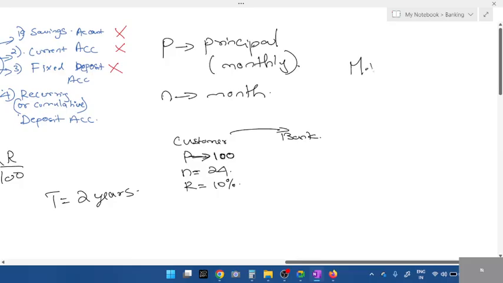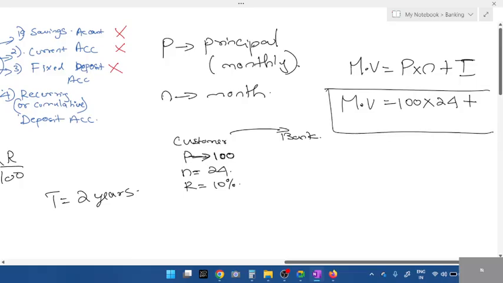Maturity value is equal to P into N plus I. That is, whatever principal we deposited, 100, into time period 24, plus the interest we get. We need to find the interest. That is known as maturity value. This is the total amount you'll get after 2 years.